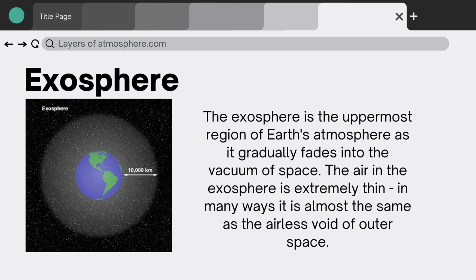It contains mainly oxygen and hydrogen atoms, but there are so few of them that they rarely collide. They follow ballistic trajectories under the influence of gravity, and some of them escape right out into space. Exo means outer. It is called exosphere because it is the outermost layer of our atmosphere.